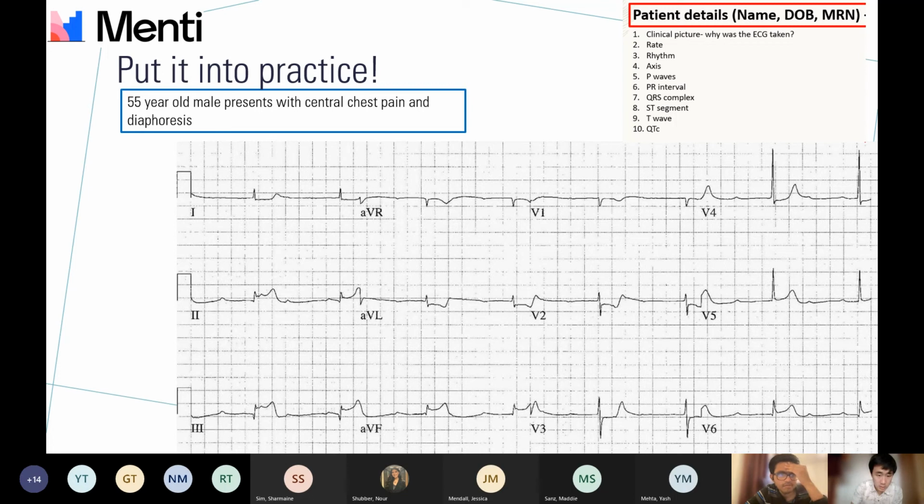So hopefully you have the space, but describe everything you can see from the rate, rhythm, axis to anything that you note about the P waves, PR interval, QRS complexes, ST segment, T wave, and don't worry too much about QTc. If you can do this from start to finish and you're happy with every step of the way, then you will be an ECG ace.